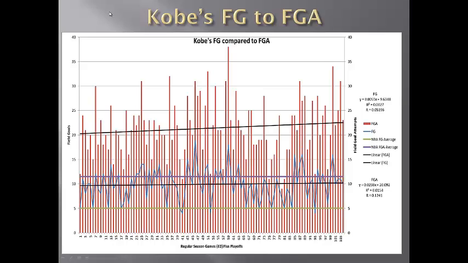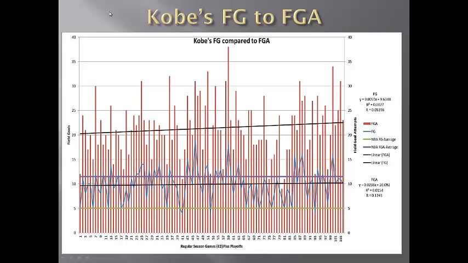You can see it's not consistent. However, the consistency lies in the trend line from beginning to the end, which includes the playoffs, from 82 games plus. He went from a little under 10 to a little bit above 10. That's for field goals made. Here, like I said before, this trend line for field goal attempts was a little above 20 to between 22 and 24, we'll say 23, maybe point something, but close enough.